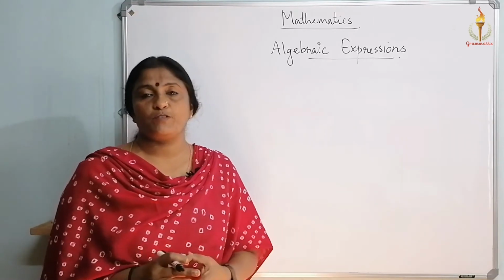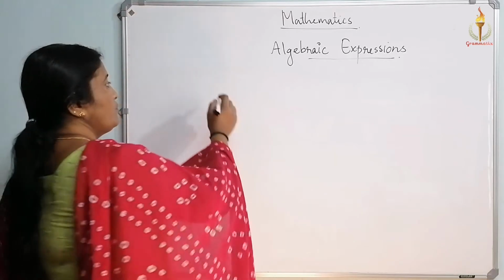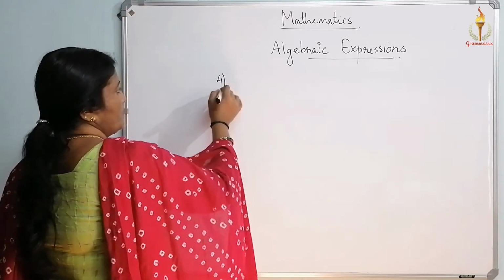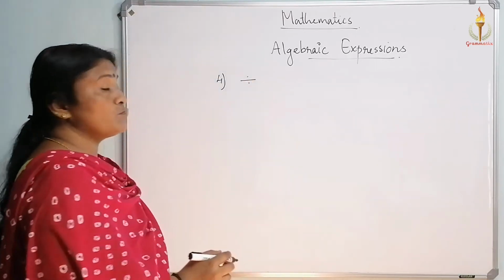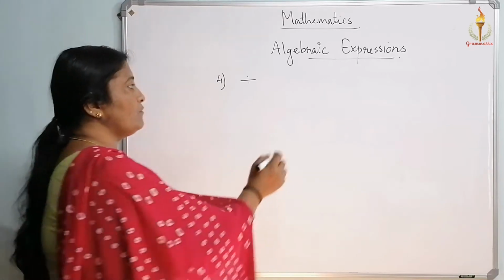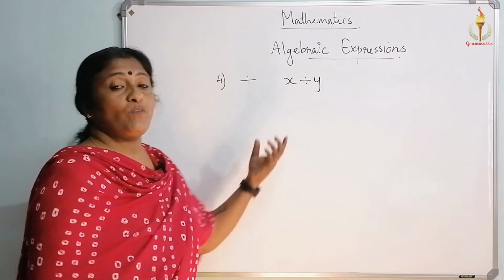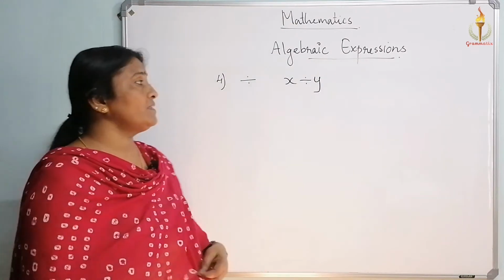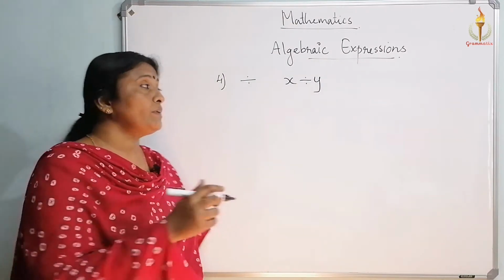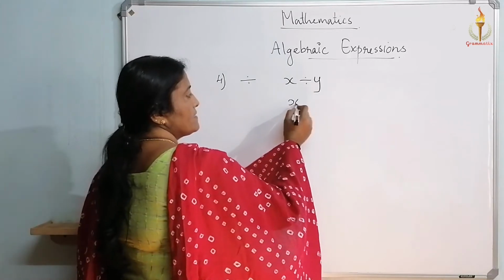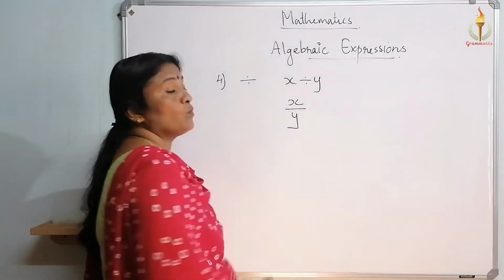So the next one is division. You know the symbol for division. So when x is divided by y, we write x divided by y. And same thing when you are using it as a rational number, that is with a numerator and a denominator, it becomes x divided by y.